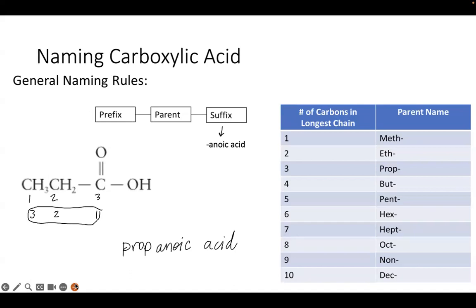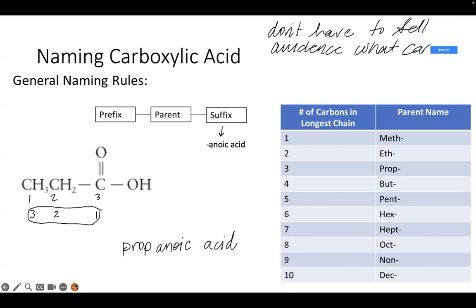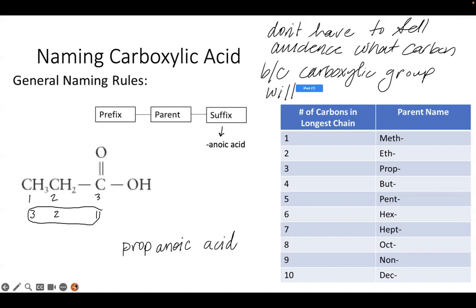Now, here's another one where I don't have to tell the audience what carbon it's coming off of, because it will always land on a terminal carbon. That's the characteristic of the functional group. So I don't have to tell the audience, because carboxylic acids will always be on carbon 1.